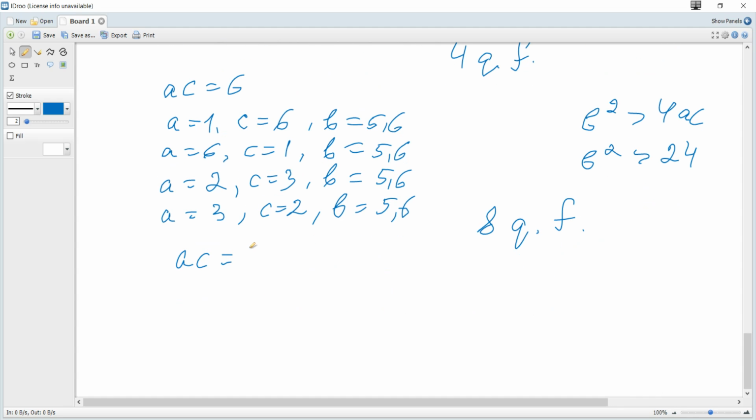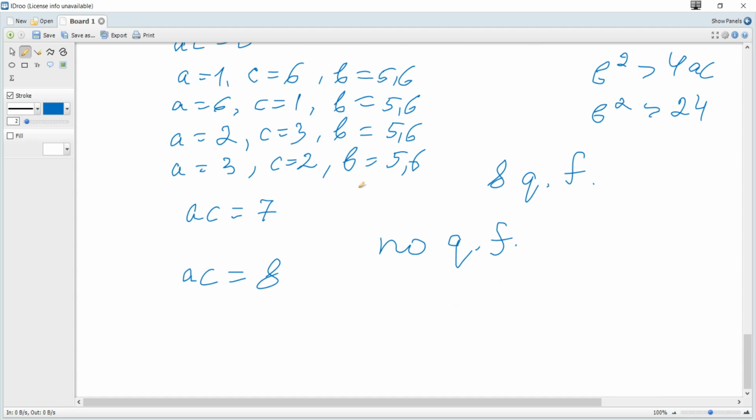And AC to be 7. Possible combinations with respect to integers: 1 and 7, but values for A, B, C are from 1 to 6, and 7 is a prime number, so there are no combinations for A and C to get 7, so no quadratic functions. And AC to be 8, the final possible value.